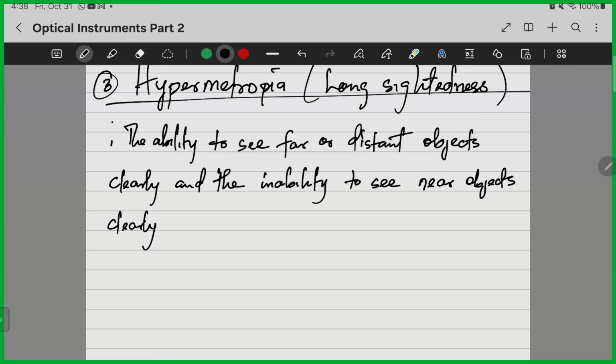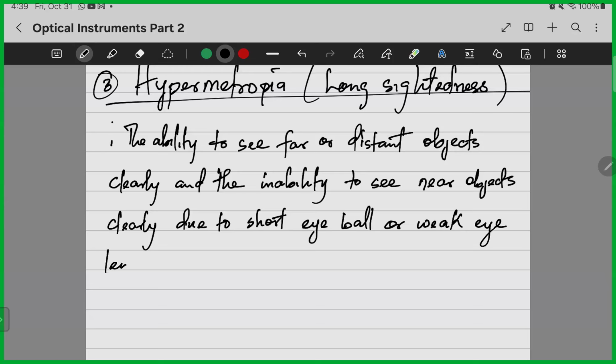So the ability to see far and not be able to see near is long-sightedness. And it is due to short eyeball or weak eye lens of long length.